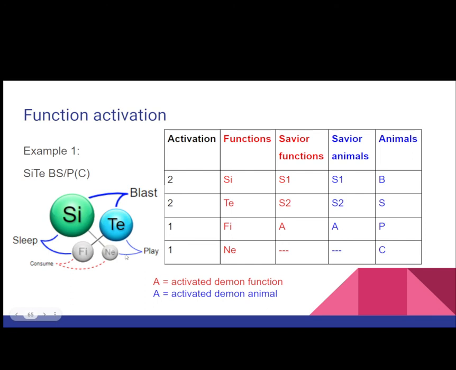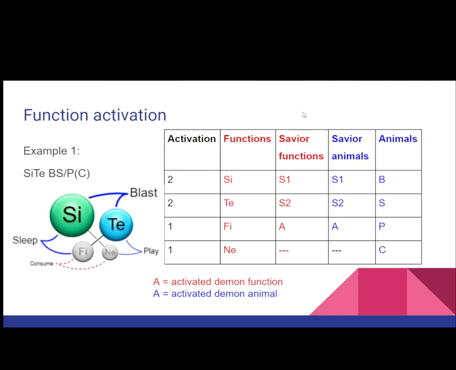NE is activated from play, and then we don't count the consume down here. So that's singly activated. When you look at this type, you can see that the top two functions are doubly activated. The second two functions are singly activated. This is going to look like a pretty standard garden variety ISTJ.